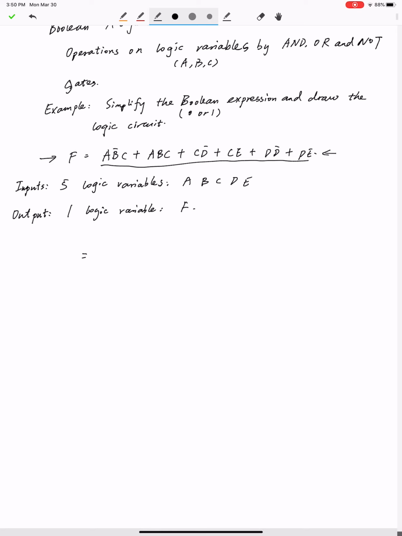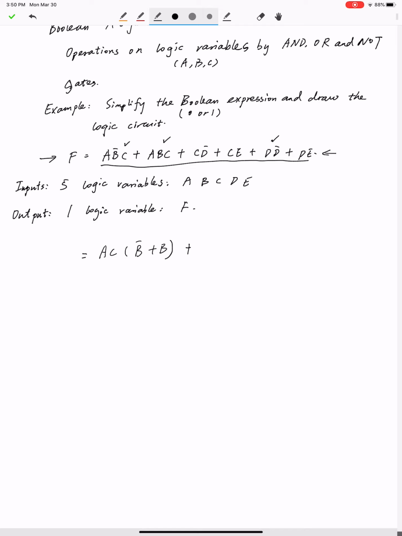Here, if you compare the first term and the second term, what you will find? They both have AC, right? A times C. So we can extract AC out, and then what's left is B bar plus B. Right, so that's the first 2 terms. What about this term?